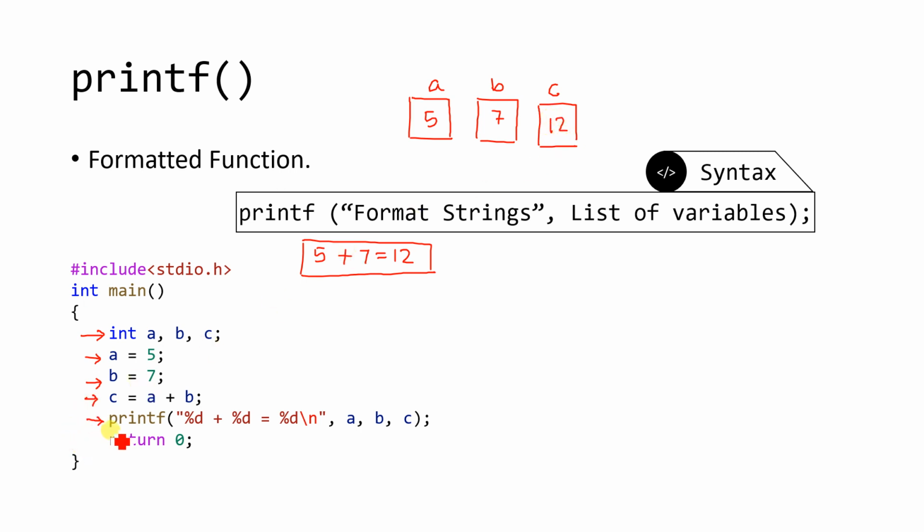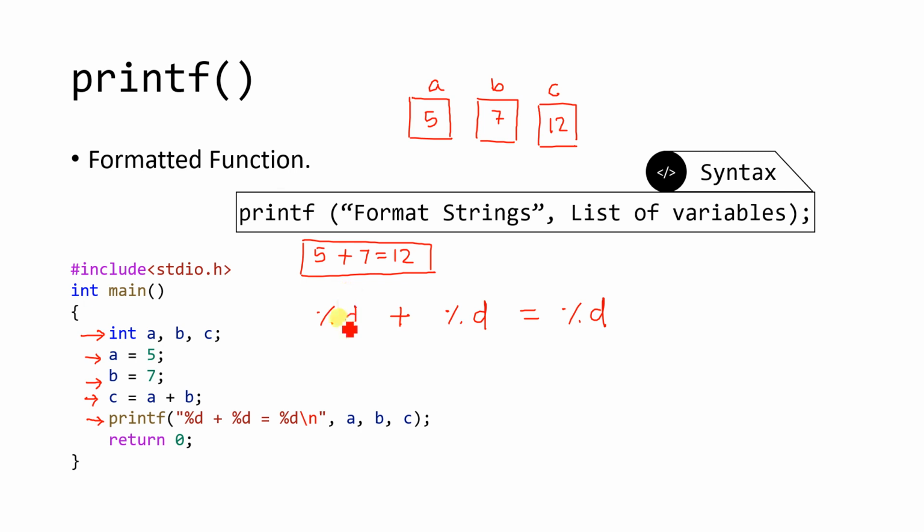Now comes the discussion of this line, which is the most important one for this lecture. I have written %d, then a plus symbol, then again %d, and then %d over here.